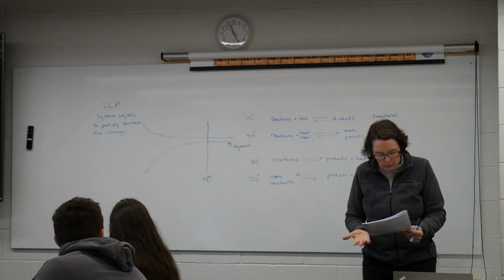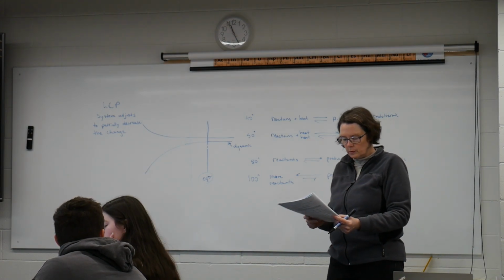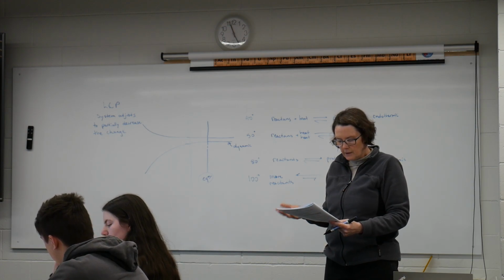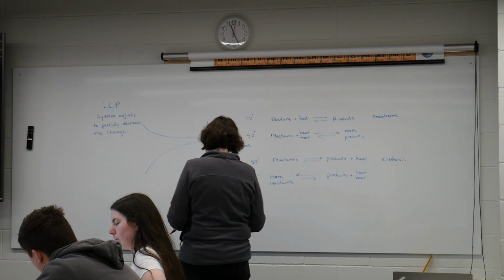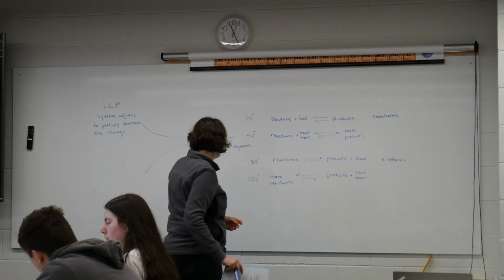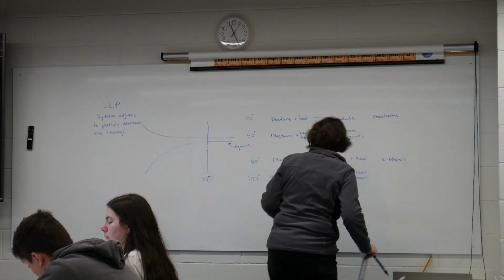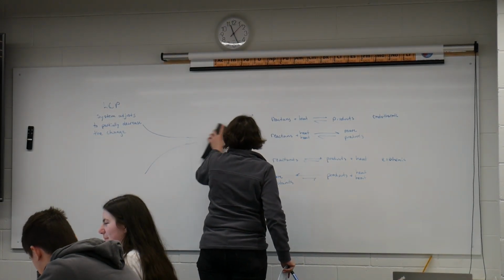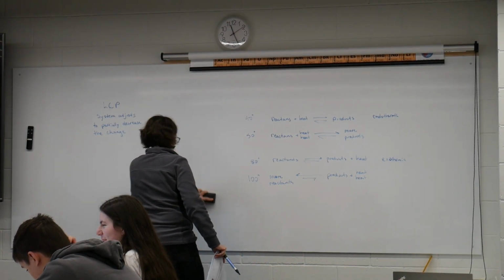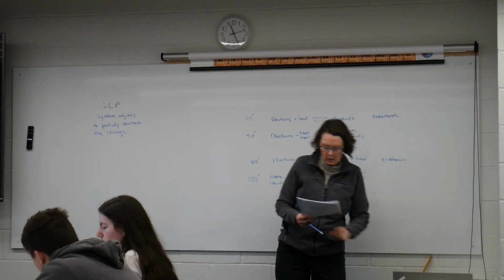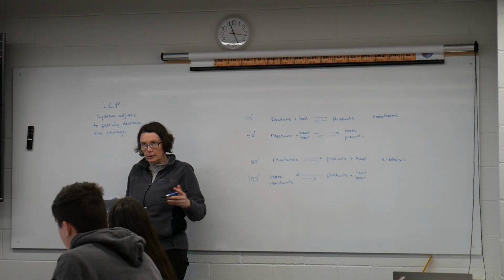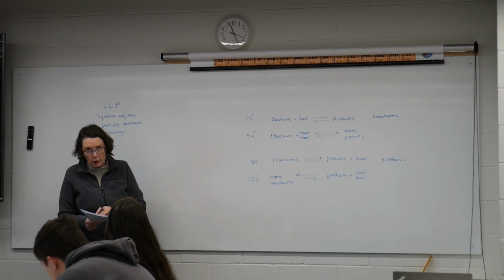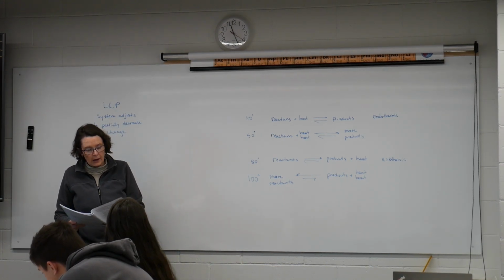All right, so if we read through the box on the bottom of page 23 here, if I increase the concentration or the partial pressure of a substance, Le Chatelier's principle tells us that the change that will occur will be to minimise that concentration.